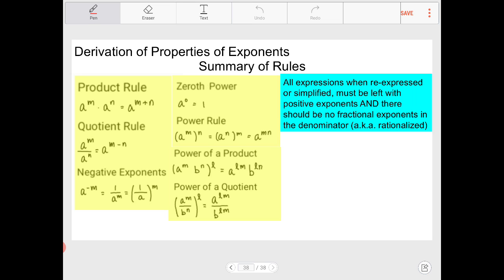So when we are manipulating a mathematical expression through a rewrite or simplification, our final solution, our final answer, must always be left in the form of a positive exponent. If we are working with fractional exponents, or expressions involving fractions having fractional exponents, then there should be no fractional exponents in the denominator.